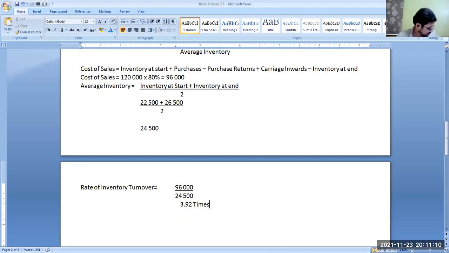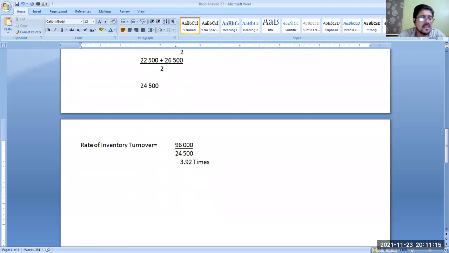Now, the second thing in efficiency ratios. First we calculated the rate of inventory turnover. Suppose they ask you to calculate inventory turnover in days, not only the rate of inventory turnover.